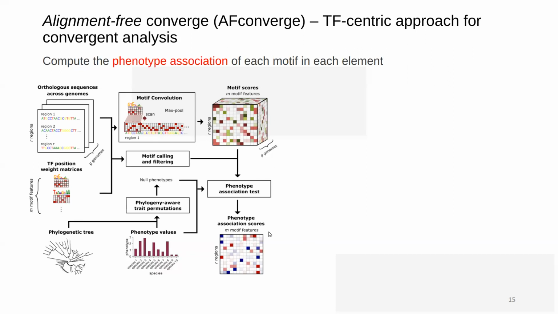So in the end, what we end up with is a region by motif matrix, where every point indicates a z-score for motif loss and gain associated with the phenotype, calibrated relative to a bunch of null phenotypes that we have generated.